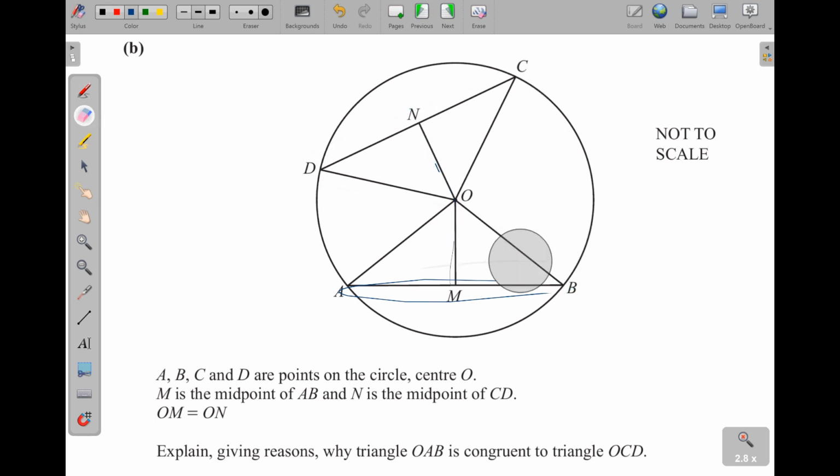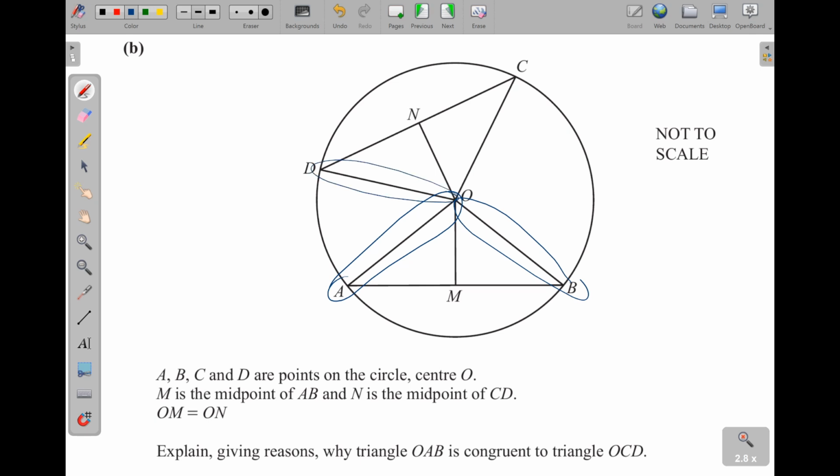So if they want us to prove that these are congruent triangles, they have all the corresponding lengths equal, and even the corresponding angles are also equal. Now, first of all, OA is a radius. OB is also a radius. OD is a radius.